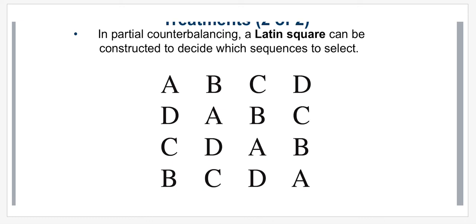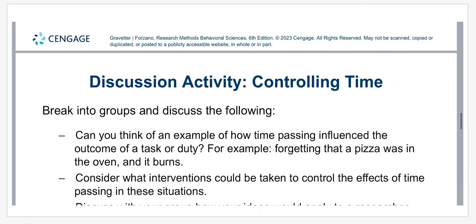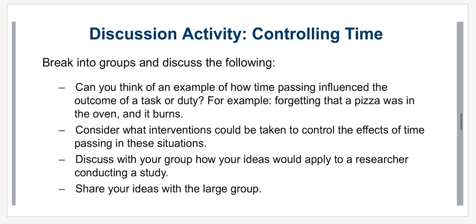And so that is one way to modify that Latin square to help further counterbalance and have it be closer to a complete counterbalancing than this version is. Again, so just things to be aware of with counterbalancing and time related confounding variables.